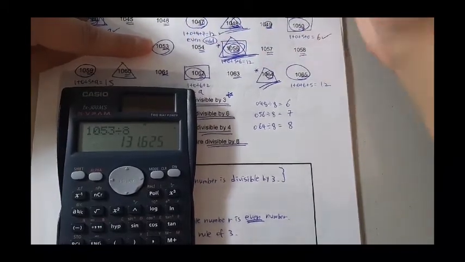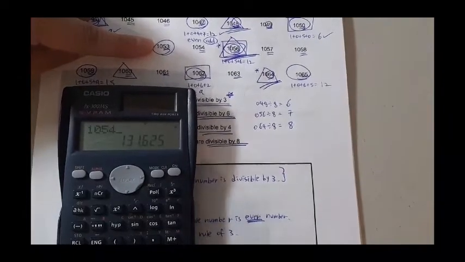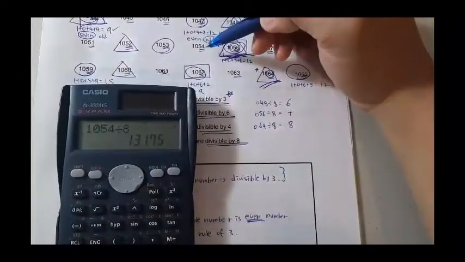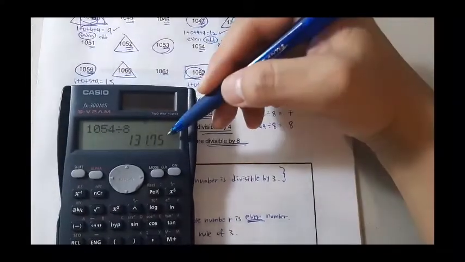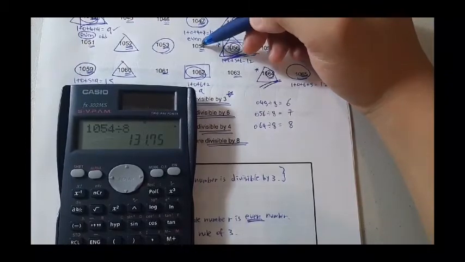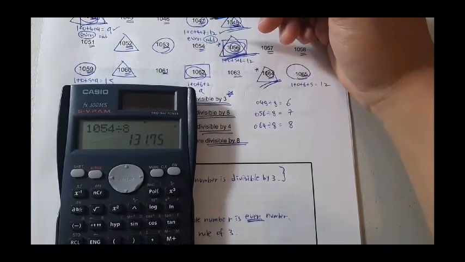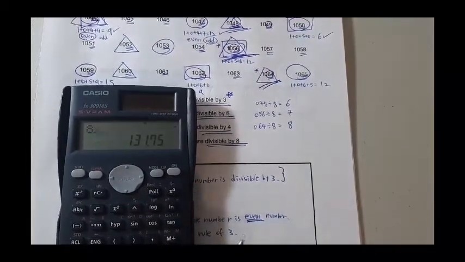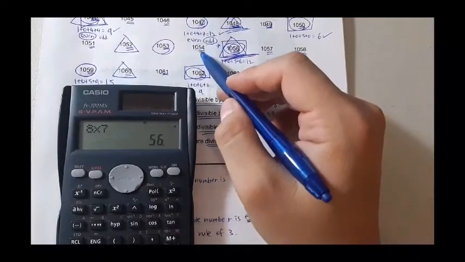If you think about it, divided by 8, it doesn't give you a whole number, even though it's an even number, because 054, can we have 54 from the multiplication of 8? Not really, because 8 times 6 is 48, 8 times 7 is 56. It skipped 54, so that's why.